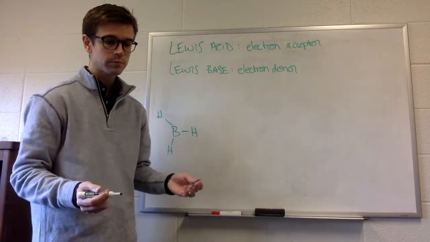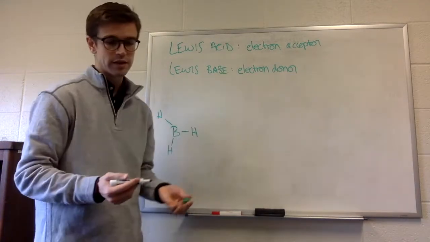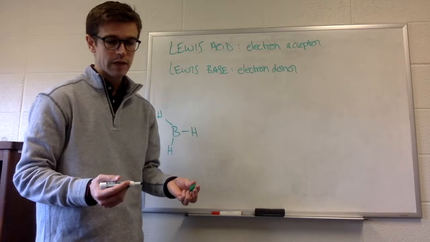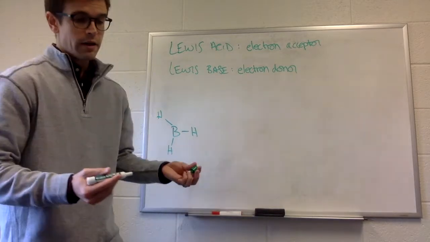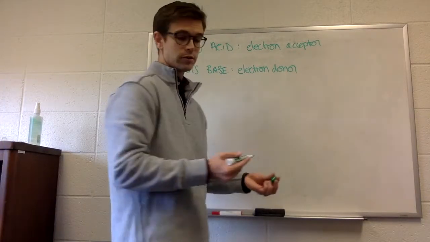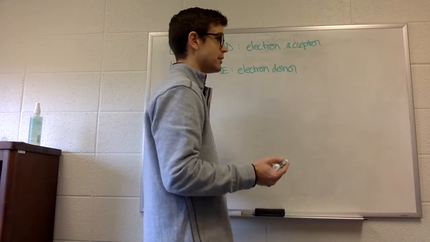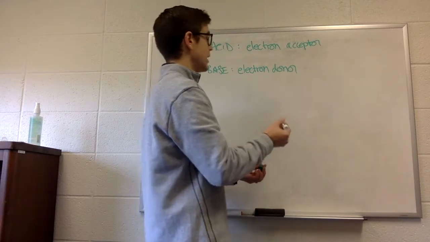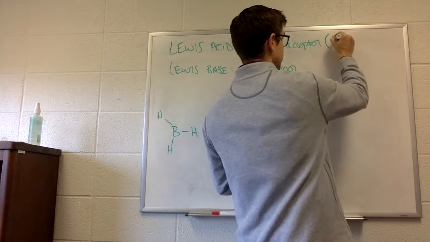So a Lewis acid is an electron acceptor, and that includes Bronsted-Lowry acids. So a Bronsted-Lowry acid would also be a Lewis acid.